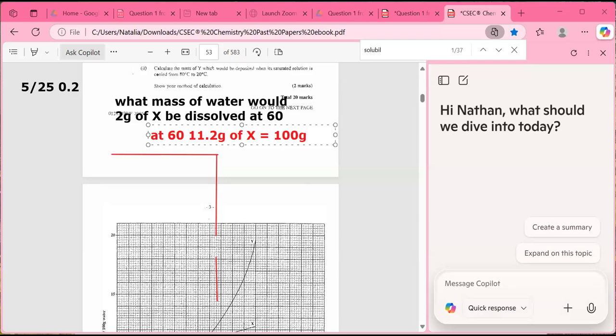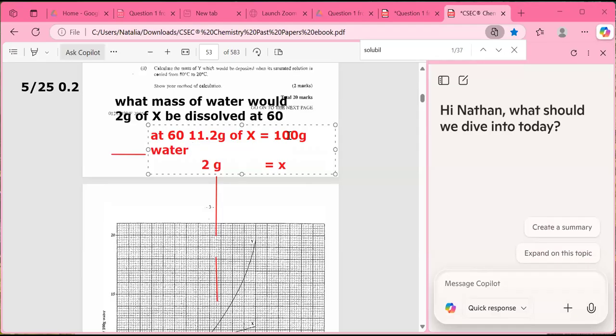That's the solubility. We want to know how much water 2 grams of X would be dissolved in. So 2 grams of X would be dissolved in X grams of water. Everyone is clear?